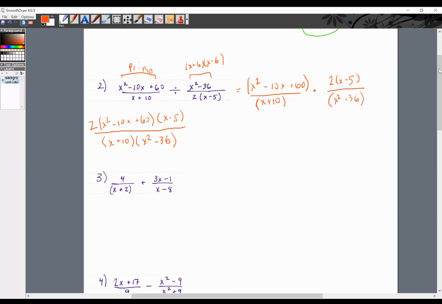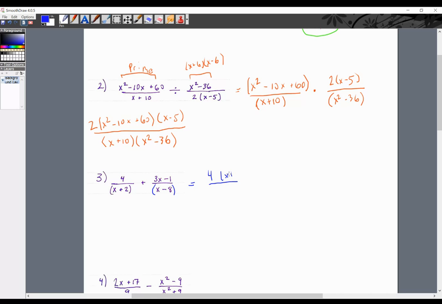Looking at number 3. We're adding. Okay, so when we add, we need a common denominator. x plus 2 and x minus 8, those are not the same. So the easiest way to get a common denominator is to multiply by the other denominators.